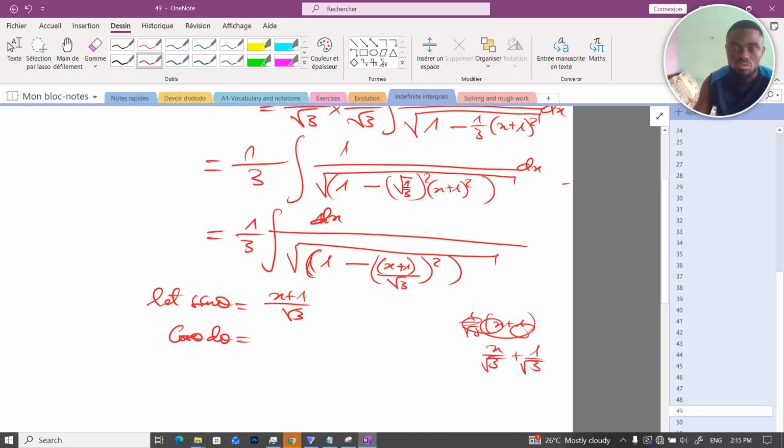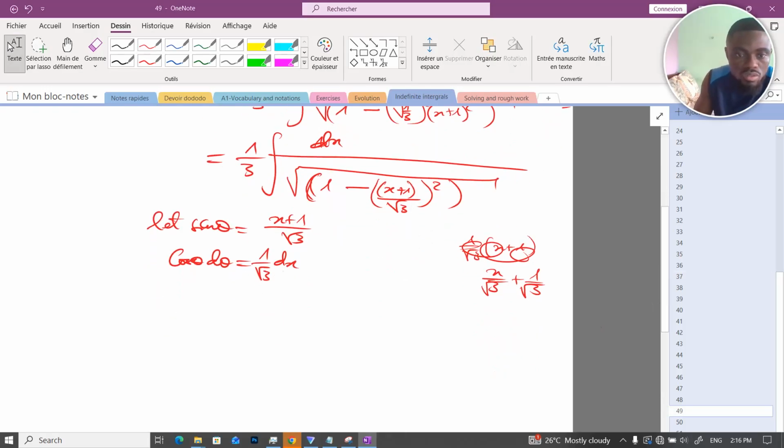When I differentiate this with 1, I'll have 1 on root 3. Since I was differentiating with respect to x, I multiply by dx. When I differentiate this other one, it's 0, multiplied by dx, that will give 0. So this implies dx will simply be equals to root 3 times cos theta d theta. So we have already our dx.